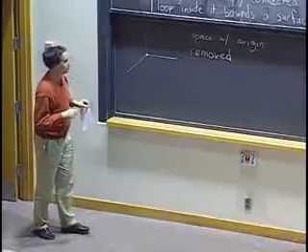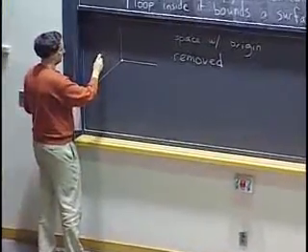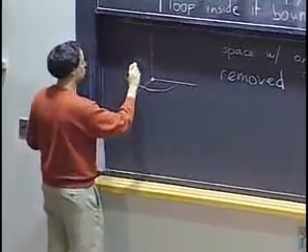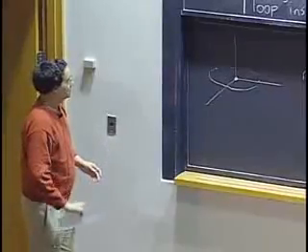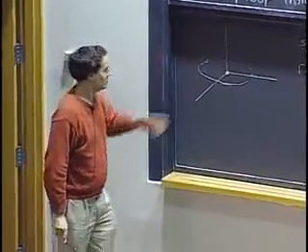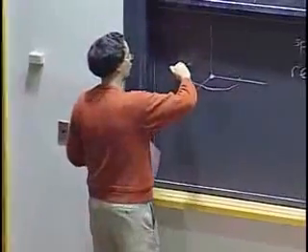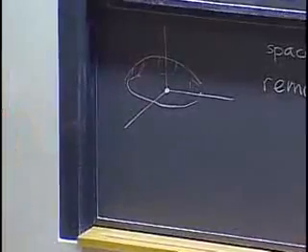Let's think a little bit harder. Let's say that I take a loop like this one. It doesn't go through the origin. Can I find a surface that's bounded by this loop and that does not pass through the origin? Yeah, I can take the sphere, for example, or anything that's just not quite the disk.